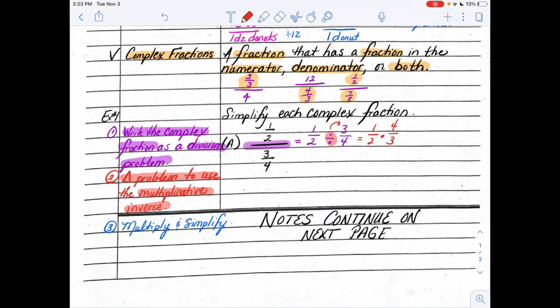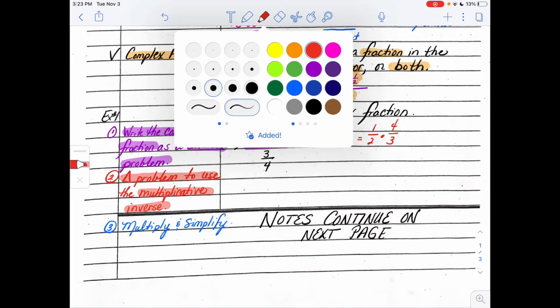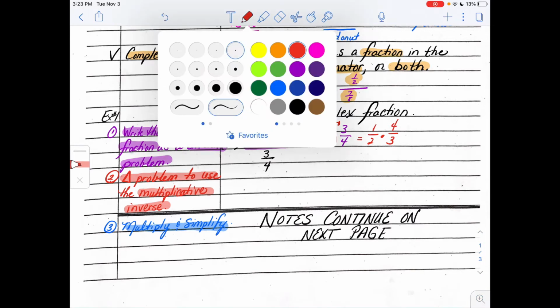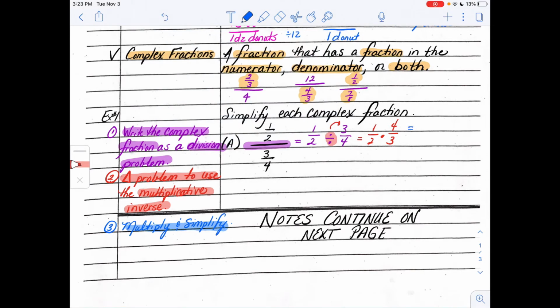Now I know once I changed it and did step 1, you were like, oh my goodness, I know what to do on this. Again, things can look really confusing unless you actually are explained how to do them. And now we're going to multiply and simplify. So let's go ahead and multiply 4 over 6. And then can I reduce it? Absolutely. 2 goes into both, which will give me 2 over 3.